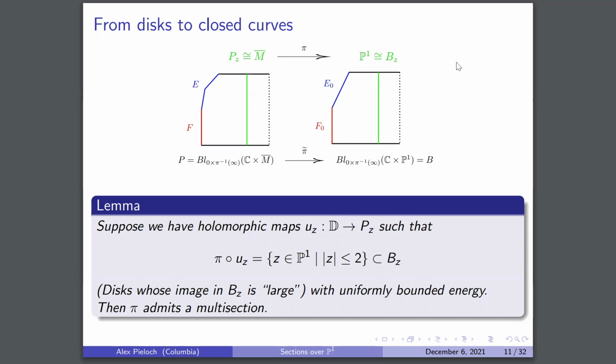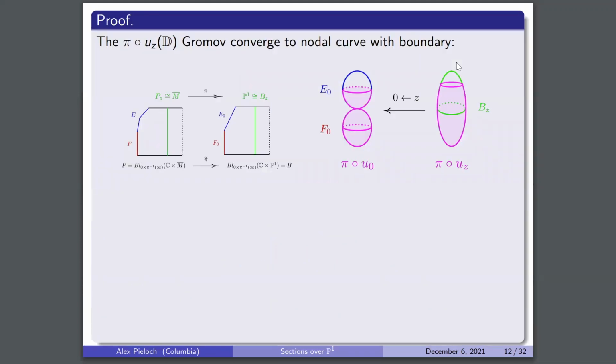Okay, so this is the lemma that's letting us go from sections over the disk to sections over P1. And so again, the proof is essentially what I previously indicated. So what we do is we take our disks inside of the PZs and we project them down into P1. So we get these disks that cover the equator, or the entire southern hemisphere, and a little bit more. And now we consider the Gromov limit as we move into the zero fiber.